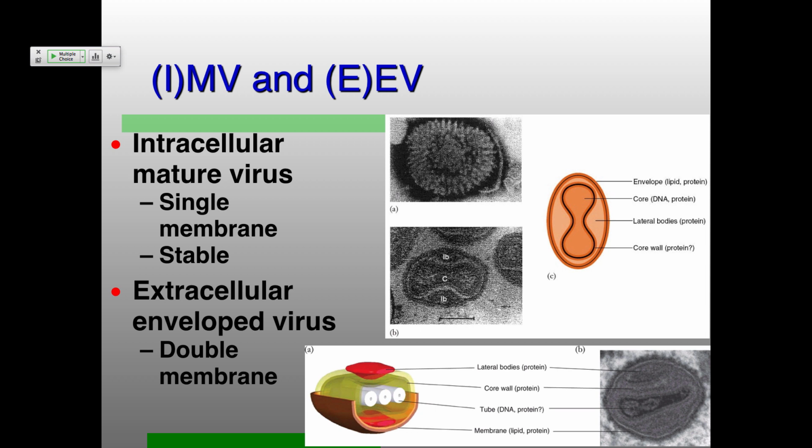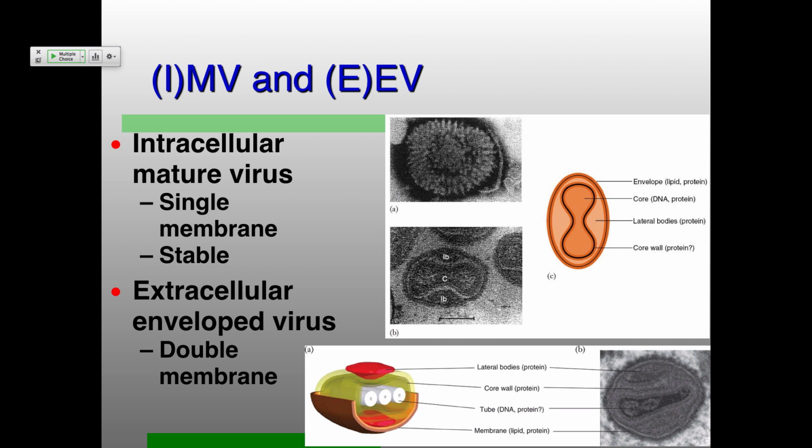So that's one of the forms. Interestingly enough, poxvirus has actually formed two forms. This intracellular mature virus has a single membrane around the outside, but then there are extracellular viruses which have two membranes around the outside. And this extracellular enveloped virus seems to be important for getting from cell to cell inside one organism.